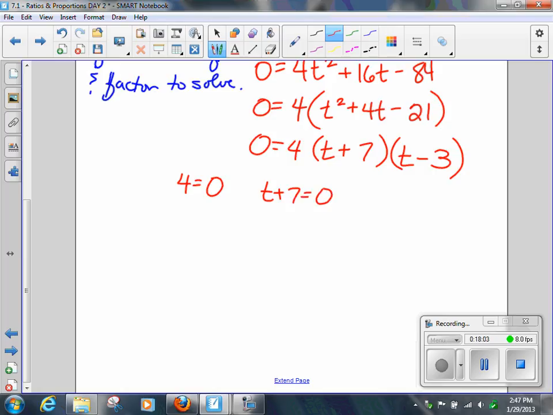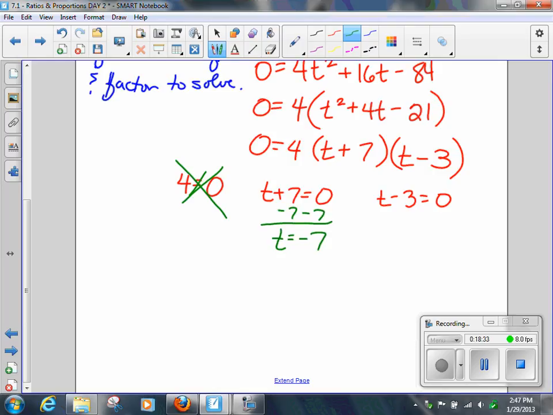And then don't forget about t minus 3 and set it equal to 0. Now, y'all, does 4 equal 0? No. That is not a true statement. Can that be solved? No, you're done with that. It cannot help me. Mark it out. You have to do what you're supposed to do, but that's a false statement. So we're done. Then solve.